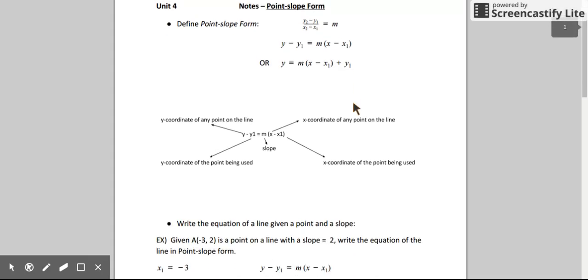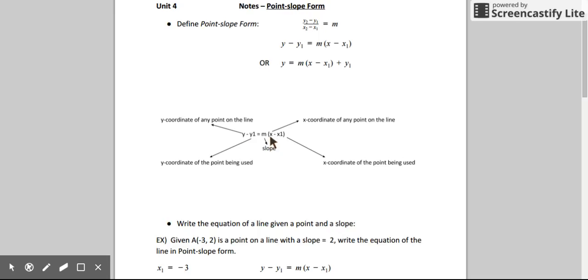So what are these things in this formula? Y is going to represent any y coordinate on the line. Y1 is going to be the specific y coordinate that we're going to use when we're given a point. So we're going to substitute values into that y1 spot and leave y as a letter. M is always representing our slope.